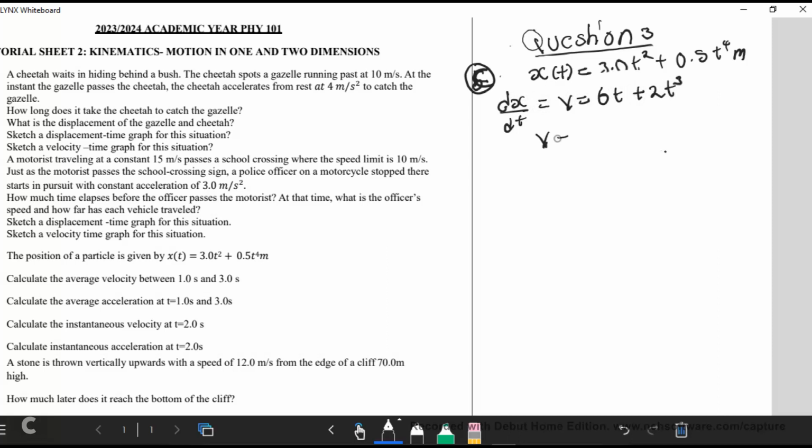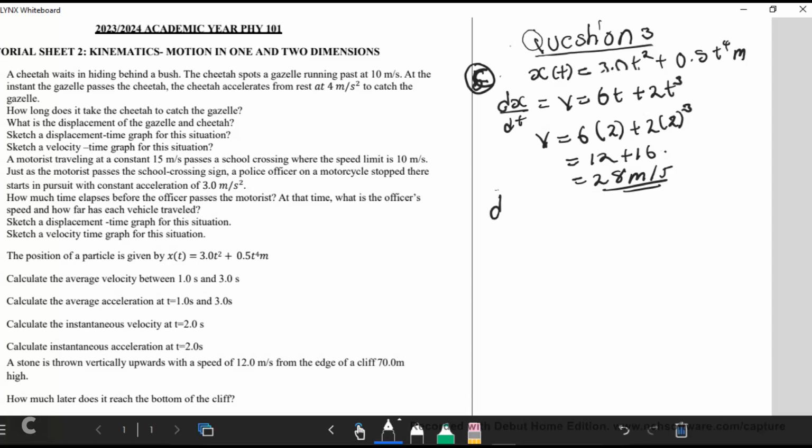So the instantaneous velocity will be 6, then you replace t with 2, plus 2, then 2 cubed, like that. This is 12. 2 cubed is 8, times 2 is 16. You end up with 28 meters per second. That's what you call the instantaneous velocity.